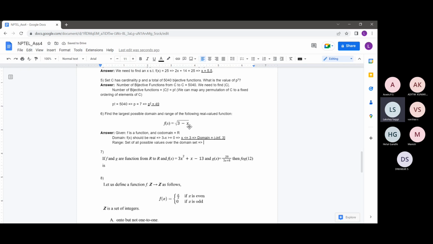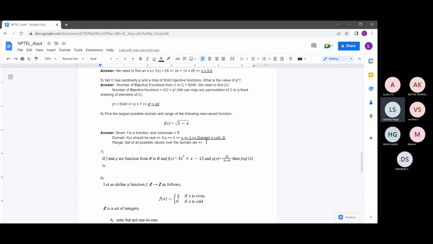So at value 3, the value of f of x would be 0, and for values less than 3, as we decrease the value from 3 to lesser values, this 3 minus x value will keep on increasing from 0 to some positive values, and the square root value will also keep on increasing. So f of x will keep on increasing as we decrease the value of x from 3, and at minus infinity this will take the square root of infinity, which is also infinity only.